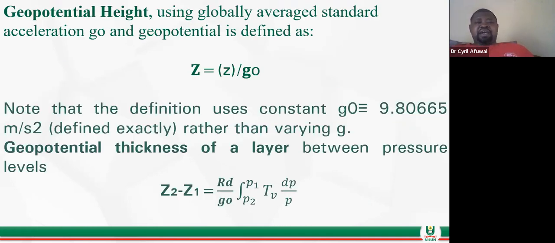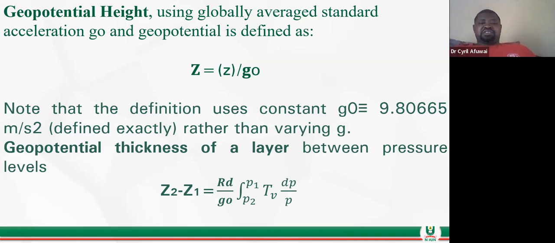Now, geopotential height. Using globally average standard acceleration, G subscript O, geopotential height is defined as Z equals small z all over G naught.